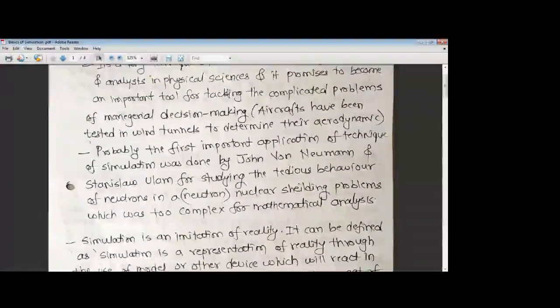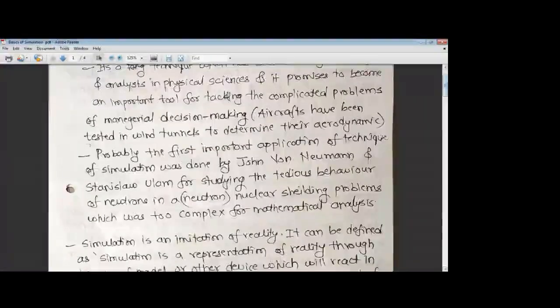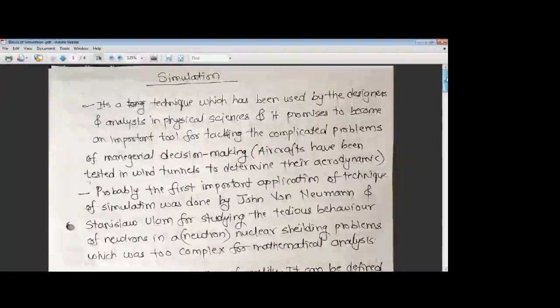What they do is test them in wind tunnels, and they try to determine whether the design satisfies the principles of aerodynamics. So the aircraft is physically tested in the form of a prototype in a wind tunnel to determine its aerodynamics. This has been done since very long, since we started with aeroplanes, and that is how aerodynamic shapes came up.